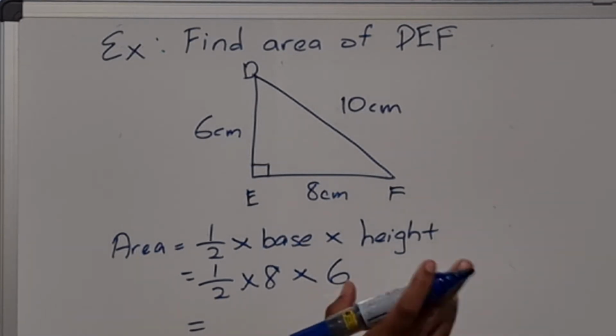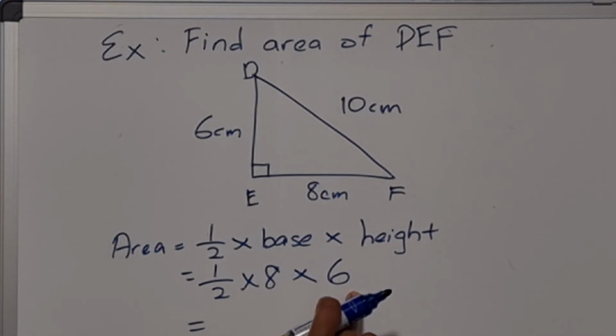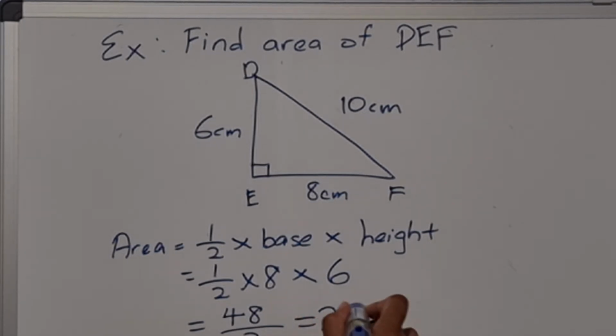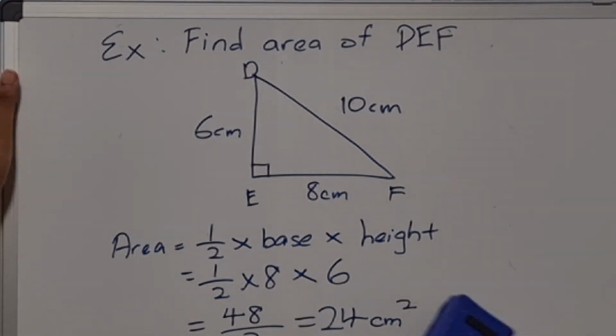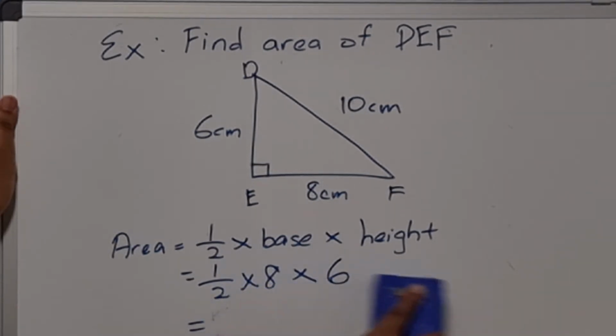So there is another way of doing this. If you don't want to cancel, you take this times this. 8 times 6, 48. Divided by 2. 24 cm squared. Okay, but if your multiplication is not so good, use the fraction first.